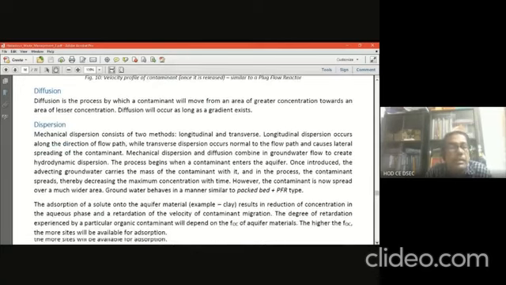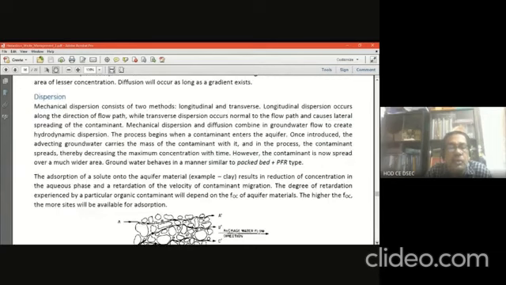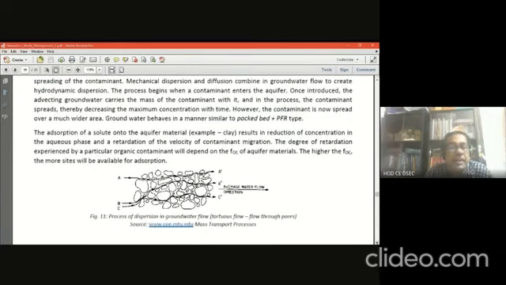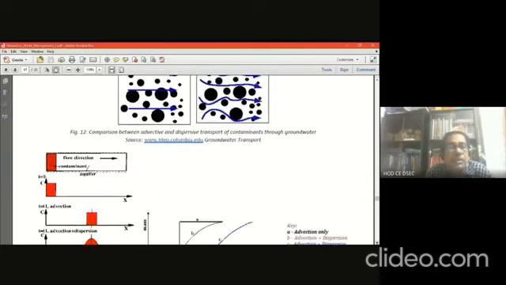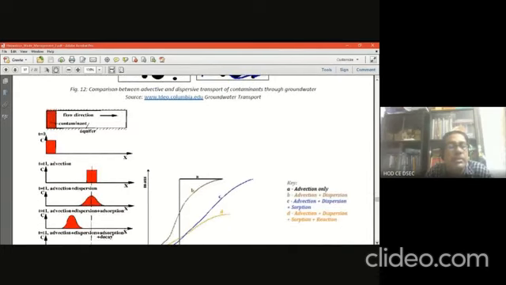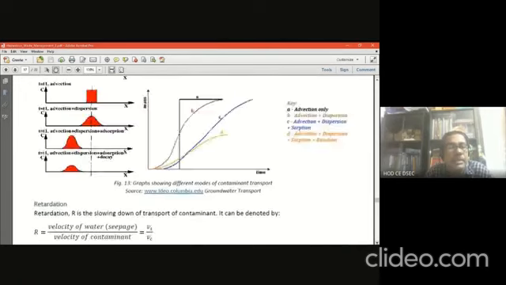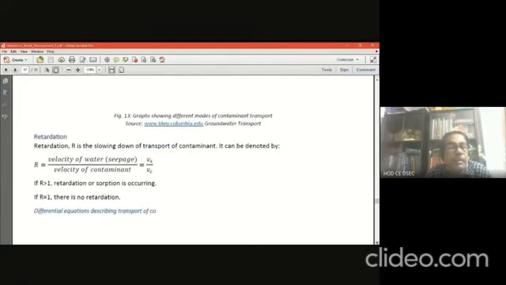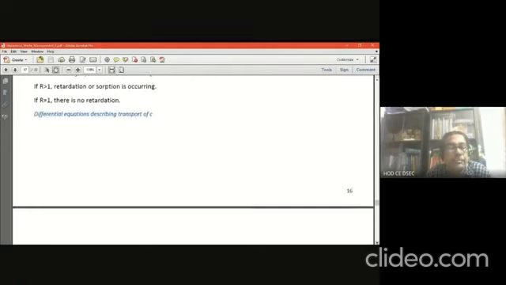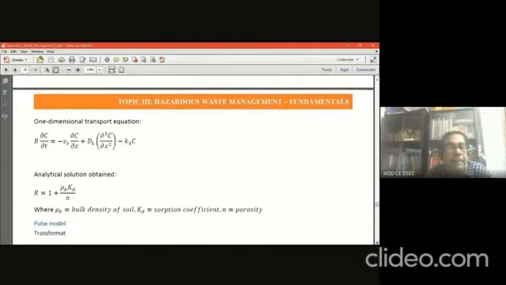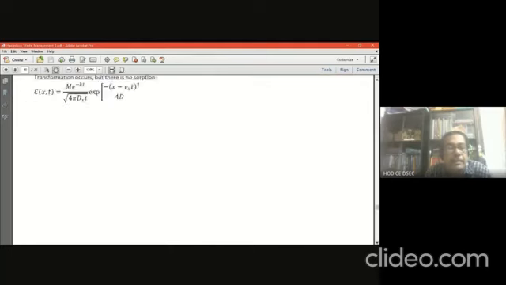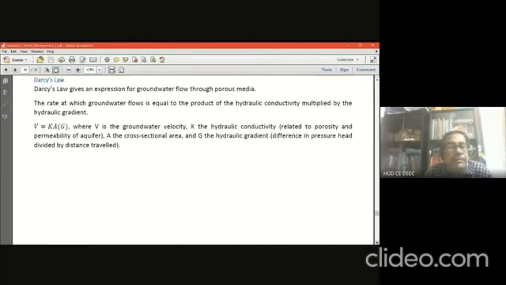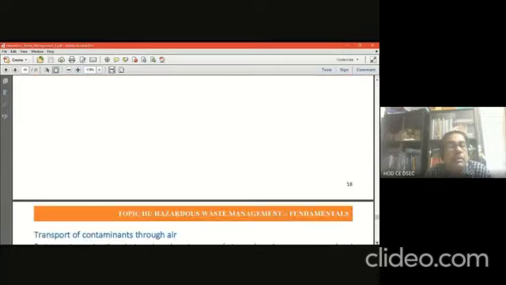So this is the dynamic flow, that is the diffusion and the dispersion, how it takes place. I have just tried to explain to give you a hint how these things happen. Again, I am skipping the numerical mathematical portion because this is not in the scope of your syllabus.